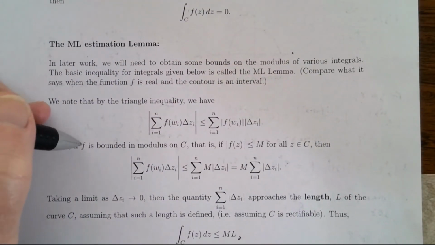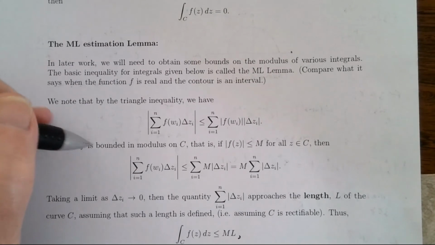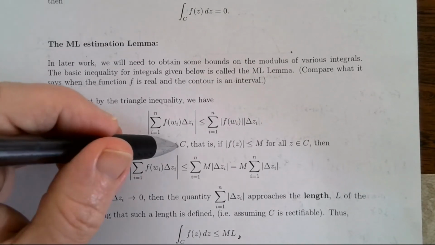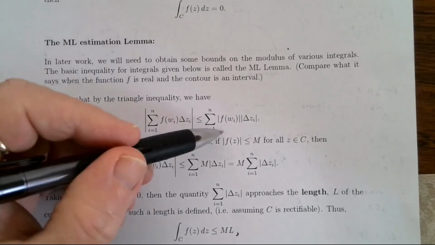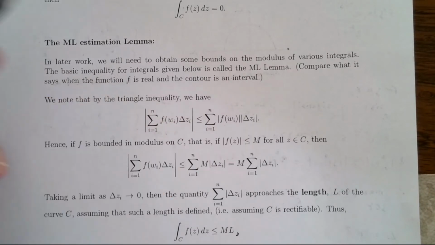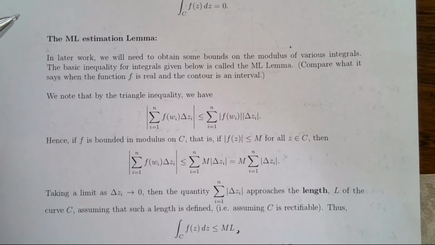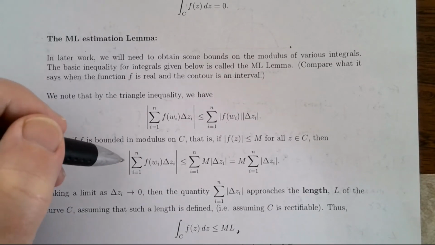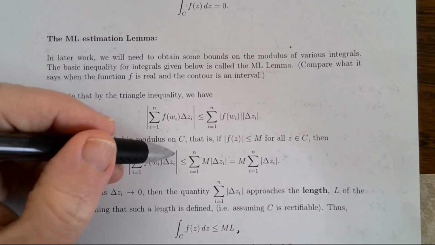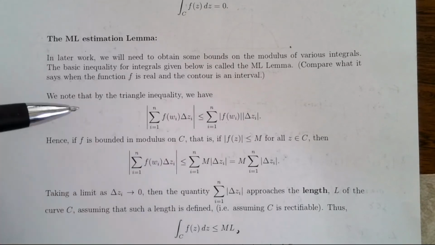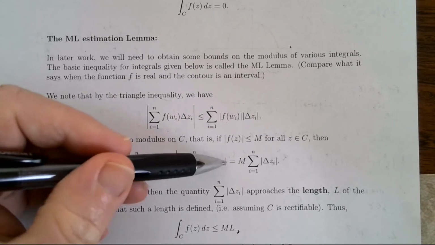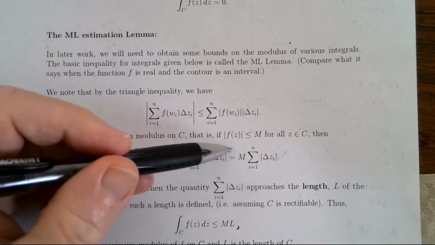So if f is bounded in modulus on C, then I can write the modulus of f of z is less than M for all z on the contour. And then we can simply say this is less or equal to M times the sum of the moduli of the delta zi's, and I can take the M out the front.